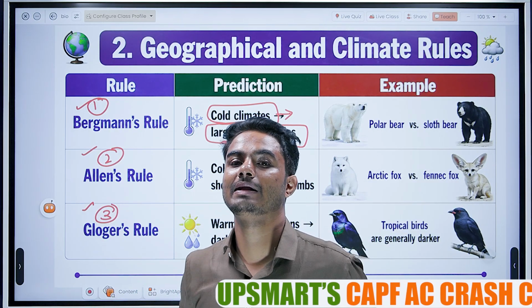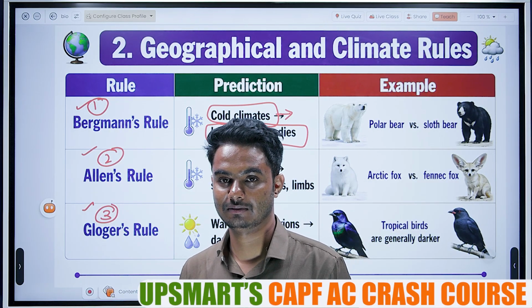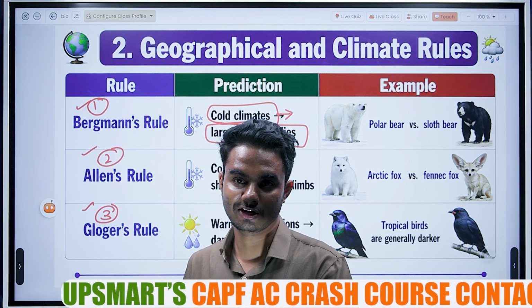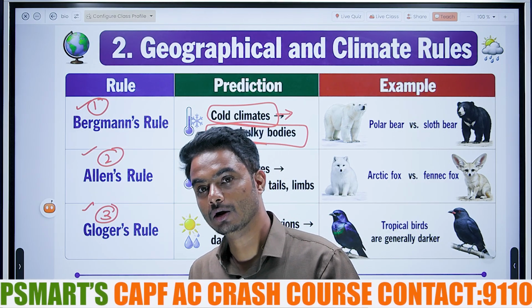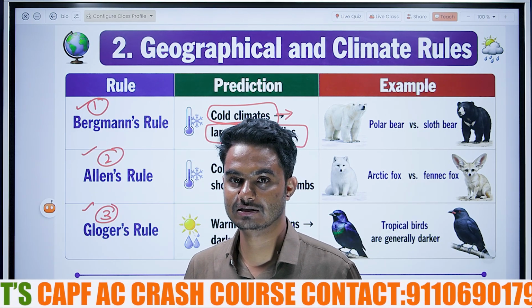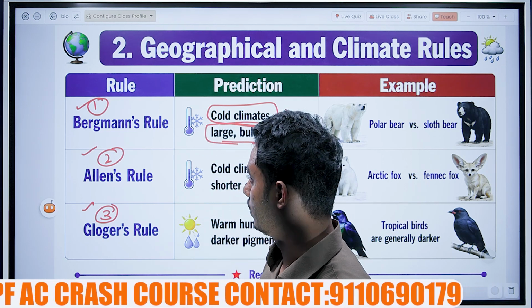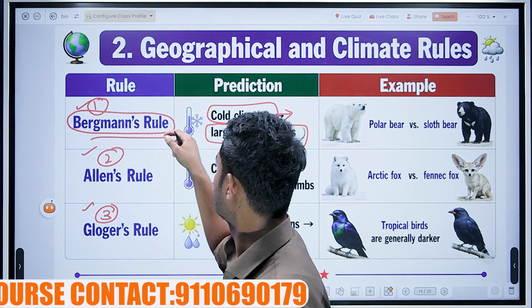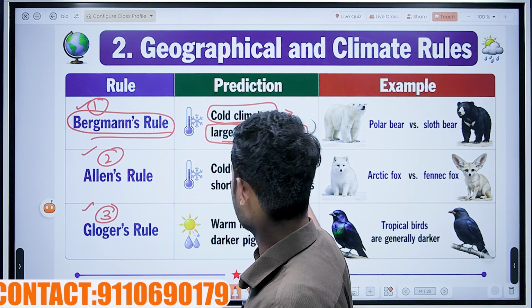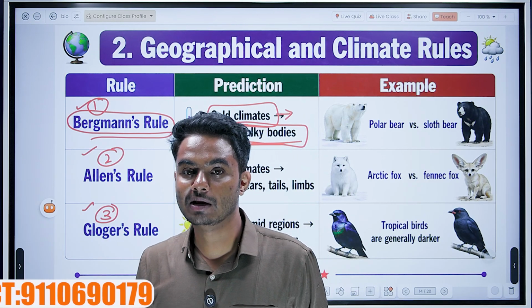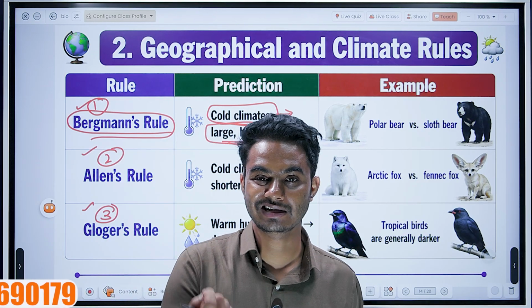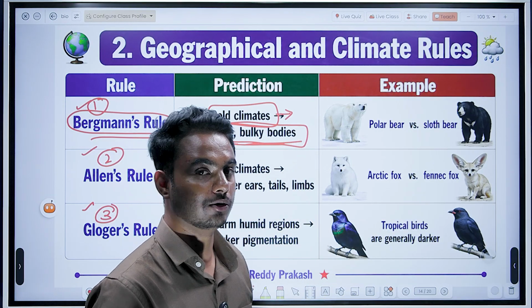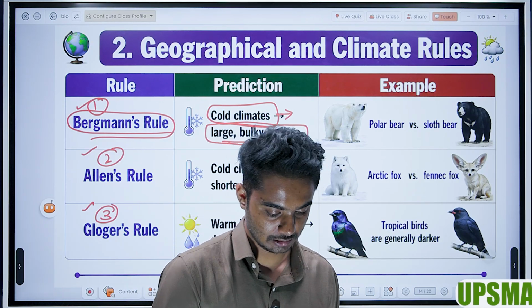Now why the bulkiness, sir? It is related to metabolism, sir. Go and Google it so that you don't forget it. Google why Bergmann's rule, why the organisms there are larger and bulkier. Study, put in a little bit of effort so that you retain the knowledge for a longer duration.